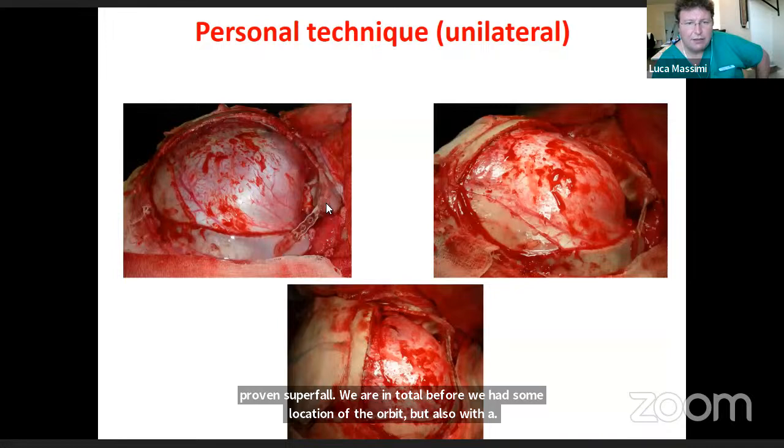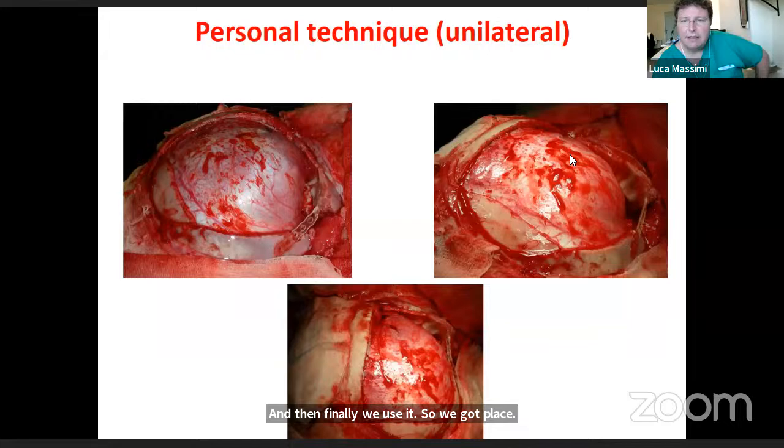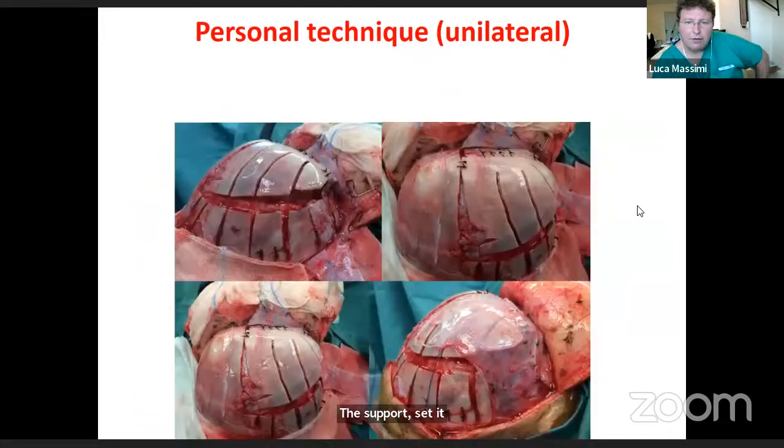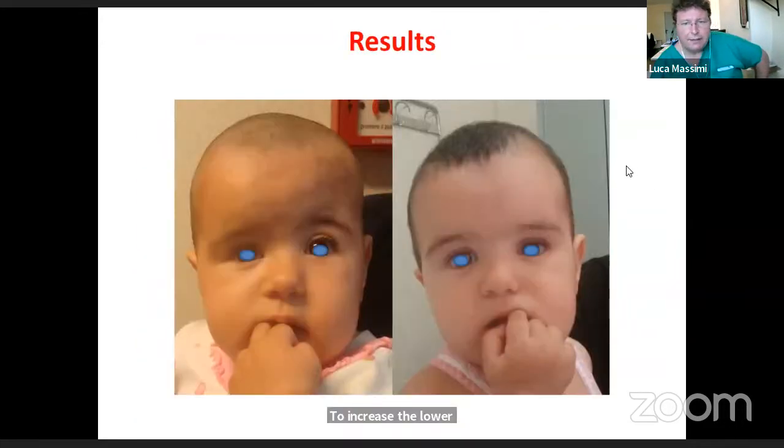And then finally we use orbital plates to fix in overcorrection the subluxated orbit. Then we reshape once again the frontal bone flap, and we replace it in overcorrection to increase the chance, of course, of durability of the operation.